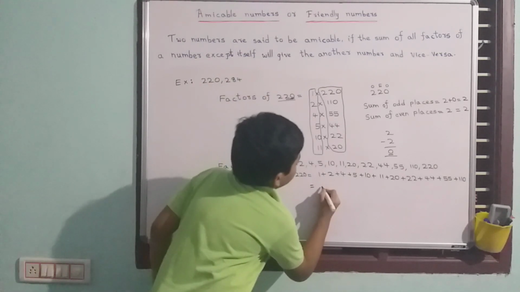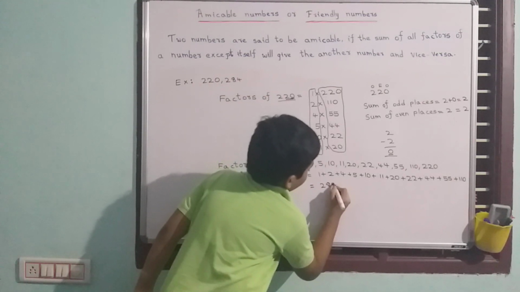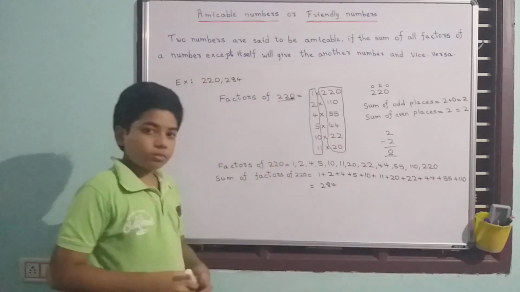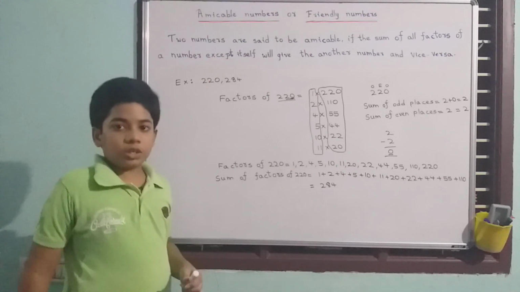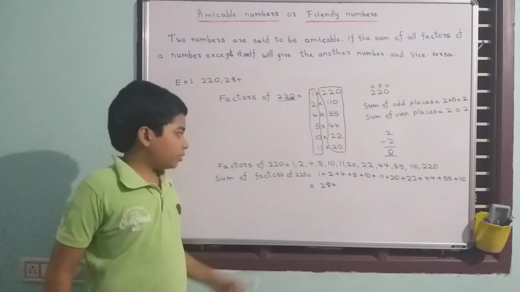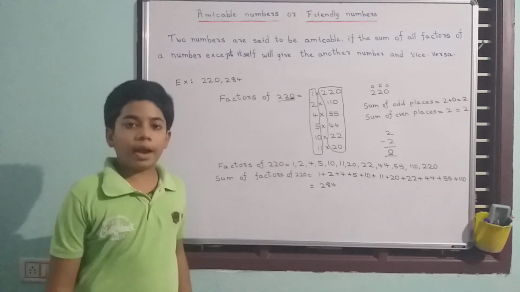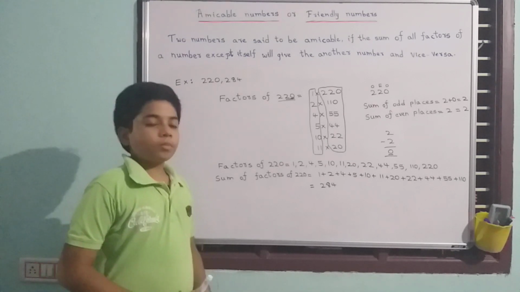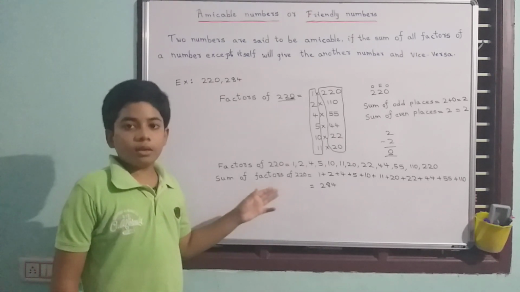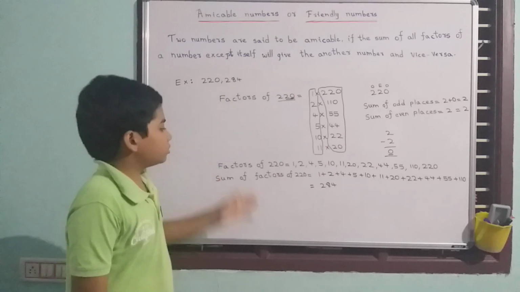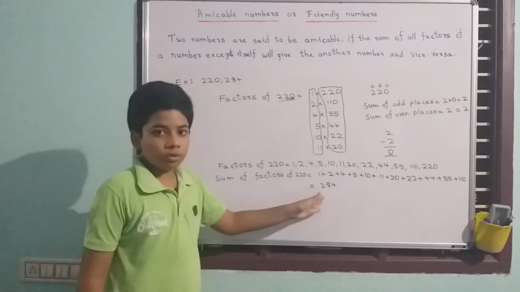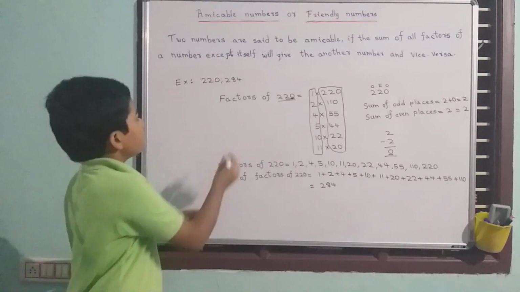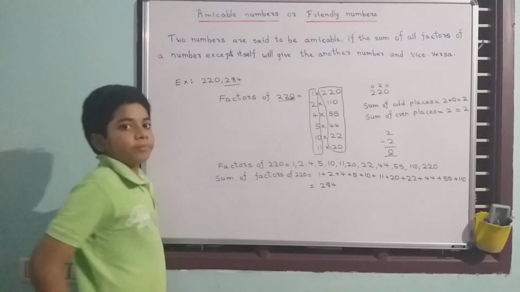The sum is 284. I told you in the beginning that after writing the factors of A, we have to add the factors of A. After adding the factors of A, the sum has to be equal to B. So here, the sum of factors of 220 is 284. So it is equal to B.